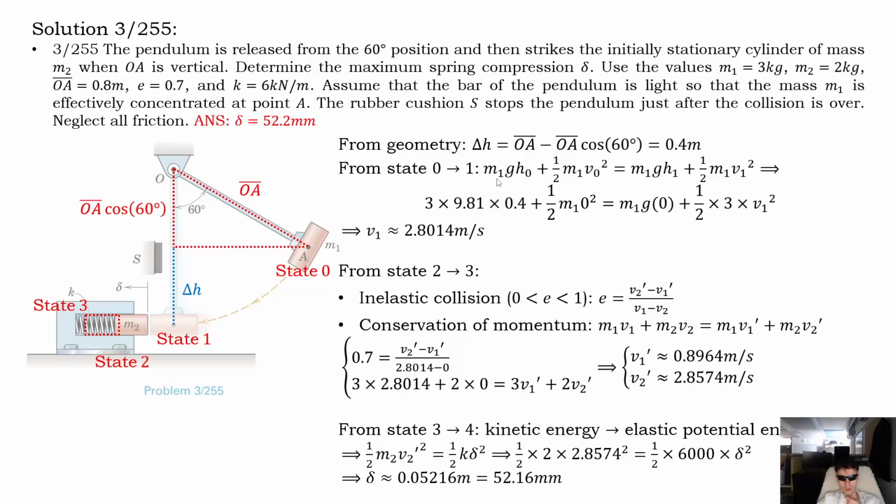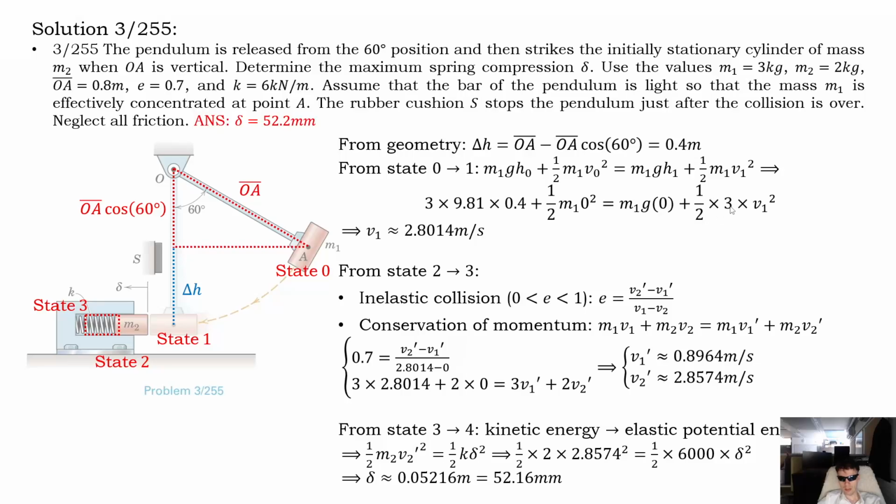So we will just put M1, or actually you don't need to because M1 will be cancelled. So we have G, which is 9.81, H0 is 0.4, and this V0 is 0, so this part will be 0, and M G H1 will be 0.